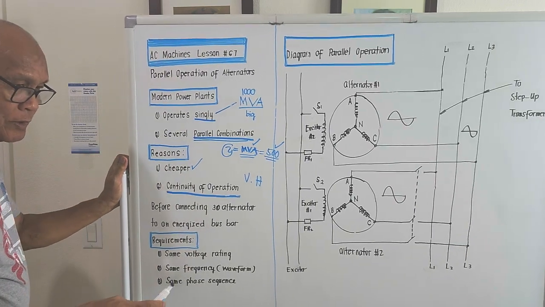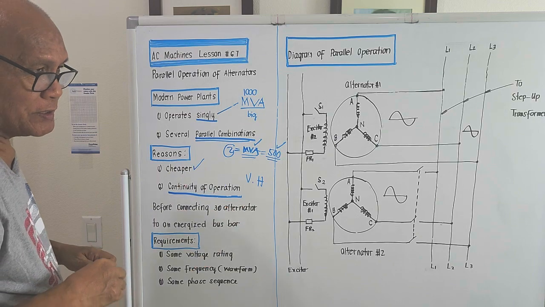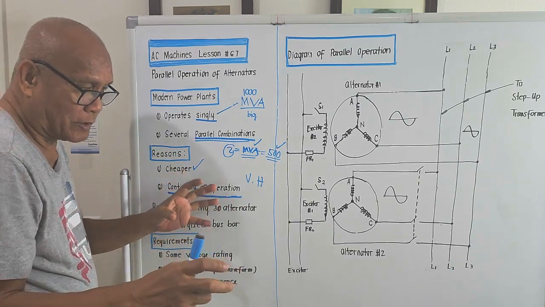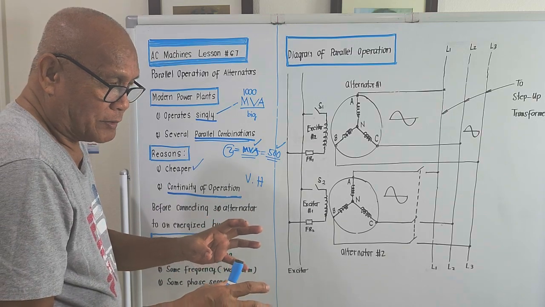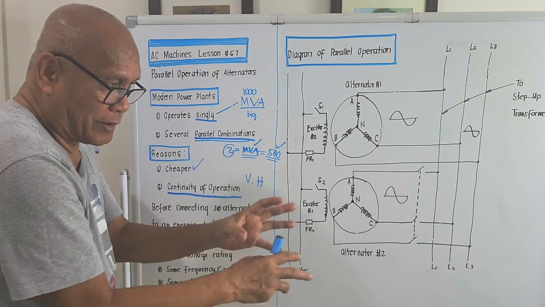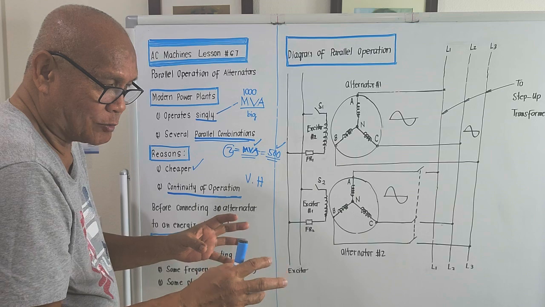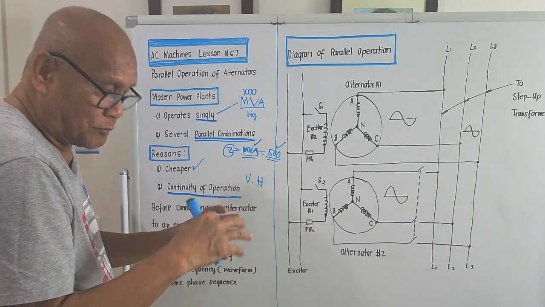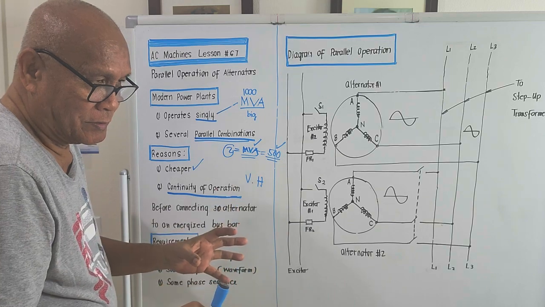We have 3. In the study of transformers, before we could connect transformers in parallel, there are some requirements before we could connect them, so they will not produce a circulating current on the circuit if there is no load connected.